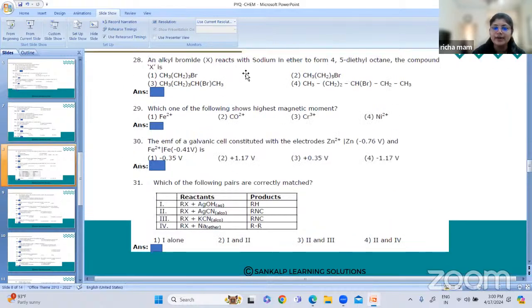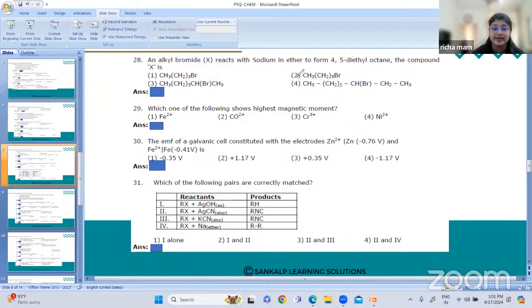An alkyl halide X reacts with sodium in ether to form 4,5-diethyl octane.